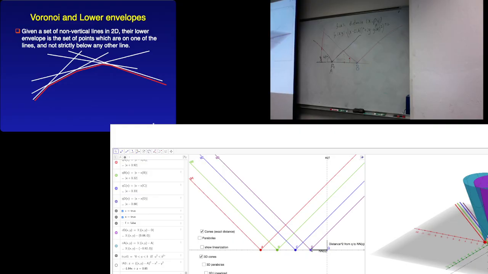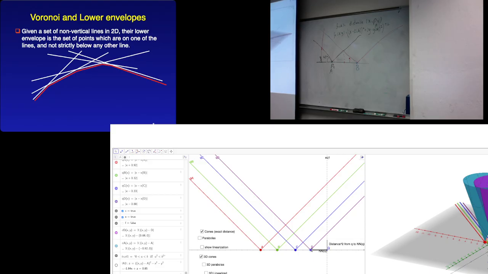And this defines these cones. This cone is nothing but the distance function, but now my distance is to a point, and I live on the xy plane. I'm only moving on the xy plane.